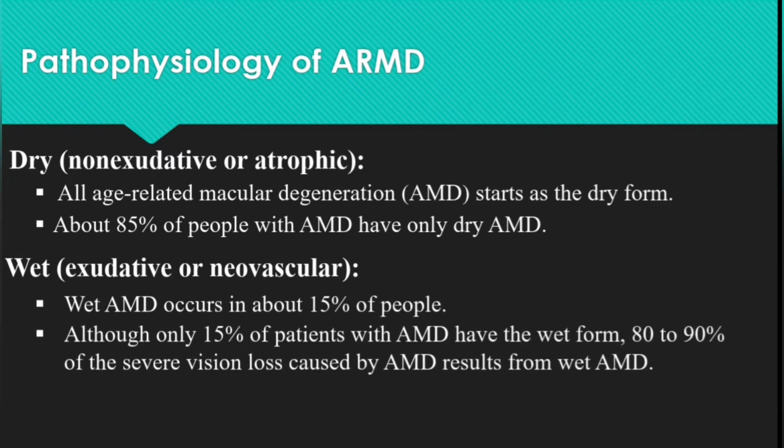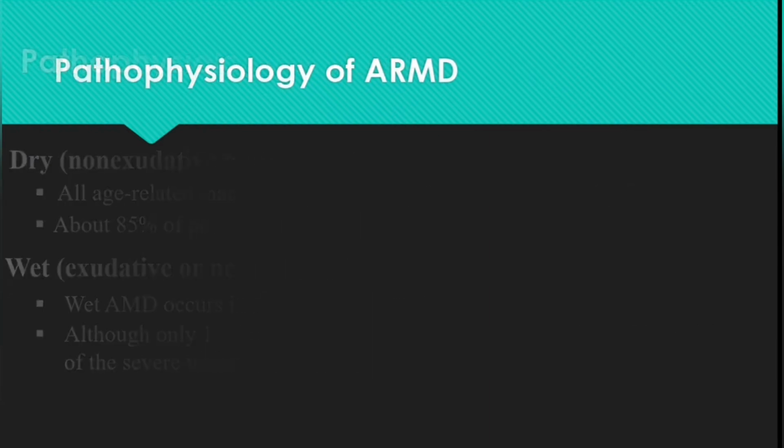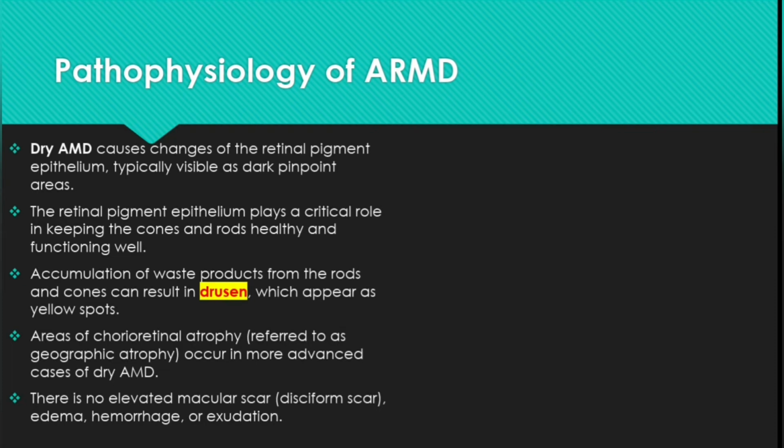Although only 15% of patients with AMD have the wet form, 80 to 90% of severe vision loss caused by AMD results from wet age-related macular degeneration, not from dry. All right, so let's compare these two further. Dry AMD causes changes of the retinal pigment epithelium, typically visible as dark pinpoint.